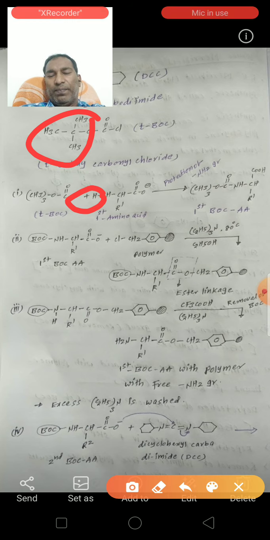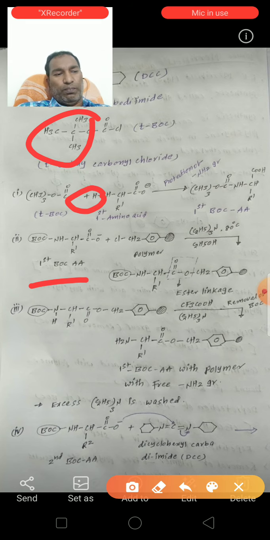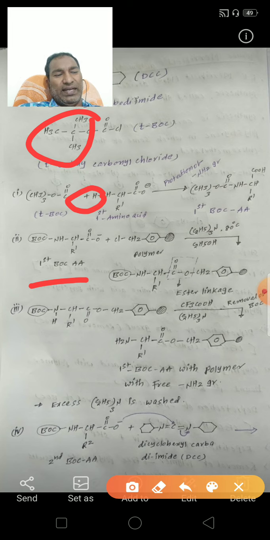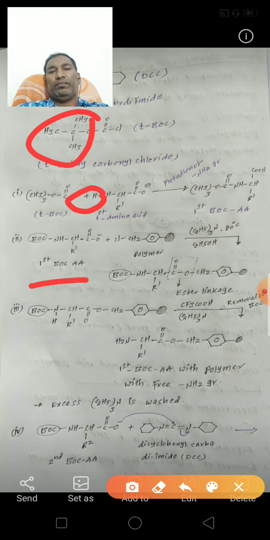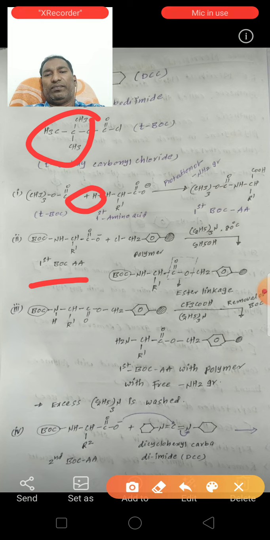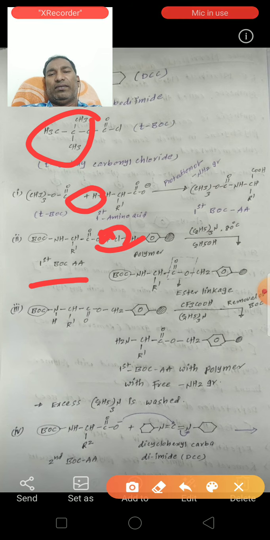Second one, this first BOC amino acid is treated with polymer, that means chloromethylated polystyrene, by removing HCl. So ester will form in the presence of triethylamine at 80 degrees centigrade in the presence of ethyl alcohol.